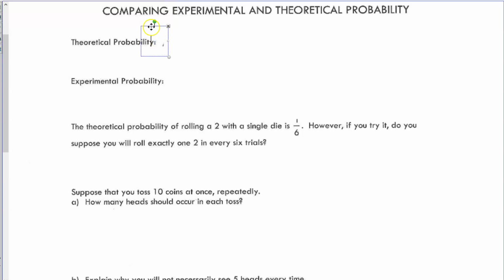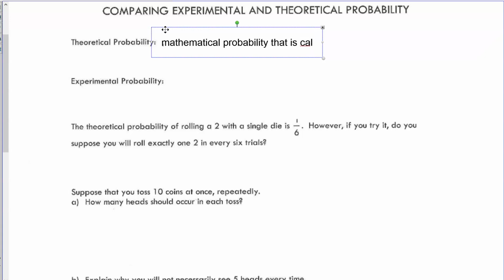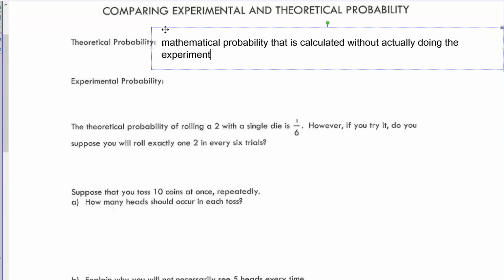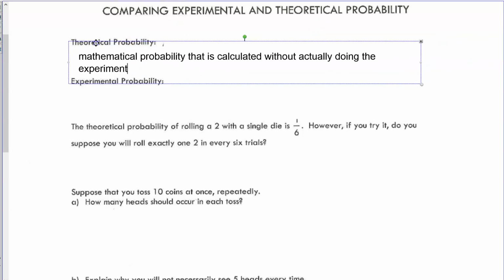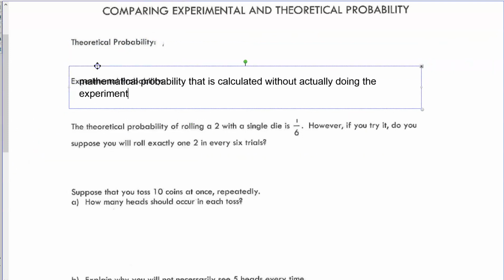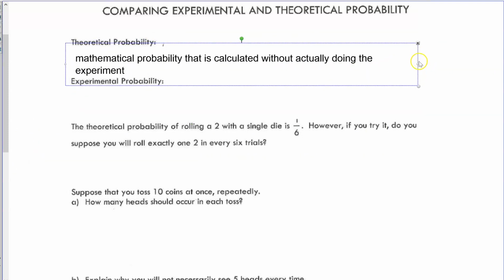Theoretical is the mathematical probability that is calculated without actually doing the experiment.